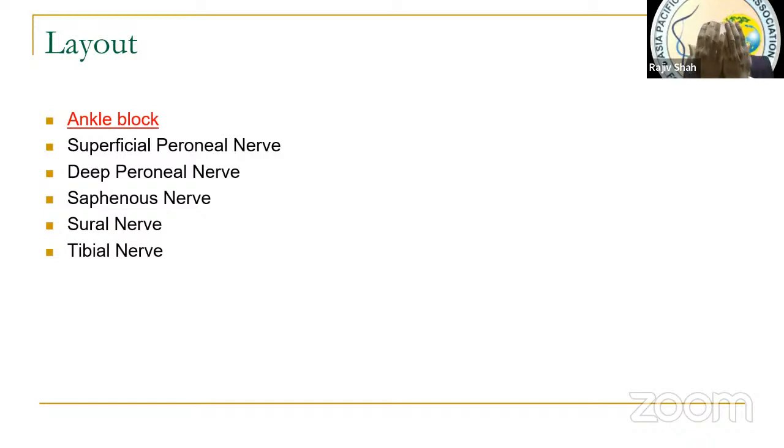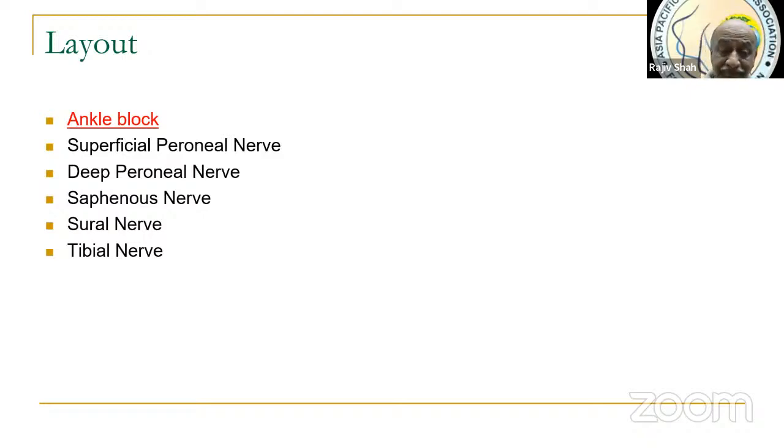The way we foot and ankle surgeons give block and the way anesthesiologists give block is different. Anesthesiologists like to create a wheel all around the ankle. But typically a foot and ankle surgeon would block 5 nerves: superficial peroneal nerve, deep peroneal nerve, saphenous nerve, sural nerve, and posterior tibial nerve or a tibial nerve.